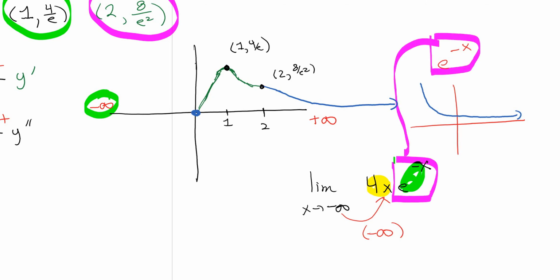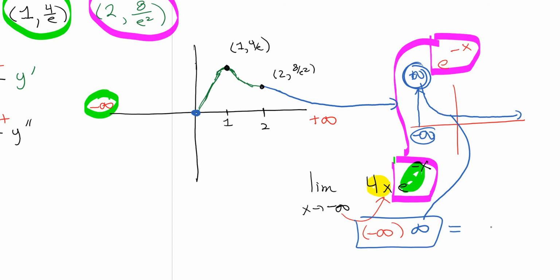And if I go to negative infinity over here, what's happening to the height? Well, if I go to a negative infinity, it's going to a height of positive infinity right here. So this is going to be infinity times negative infinity. And if I take this result here, that's going to be negative infinity, right? So what that means is if I go forever to the left-hand side, the graph is going to negative infinity.